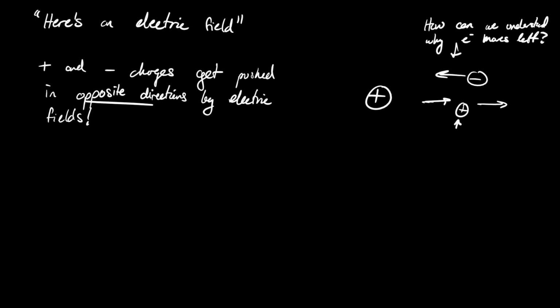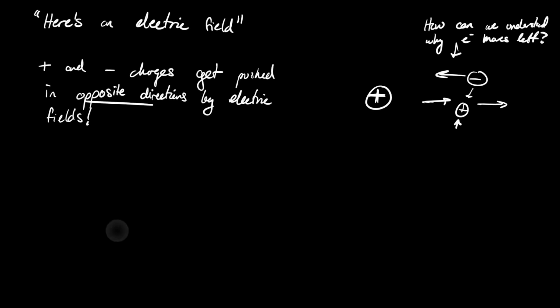Conversely, a negative charge placed in a field that points to the right, remember that a field pointing to the right is probably created by a positive charge placed here. So the negative charge will naturally want to move left towards where the positive charge wanted to get away from. Positive charges hate being near positive charges, but electrons love being there, and vice versa. So electrons or negatively charged particles will be pushed opposite the electric field for this reason.